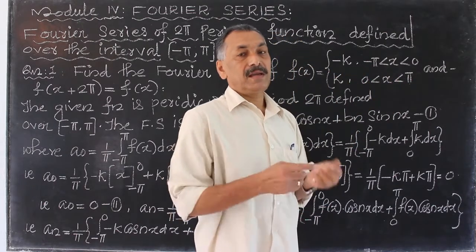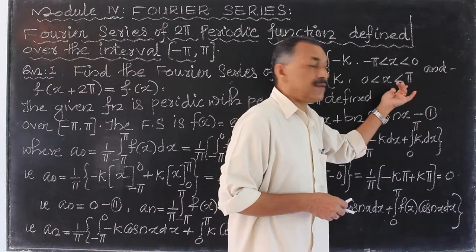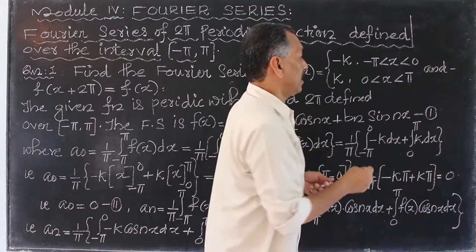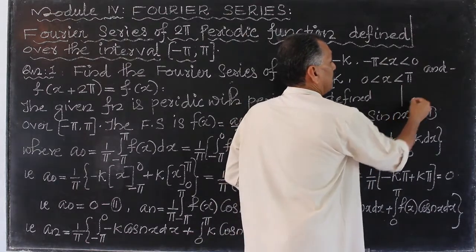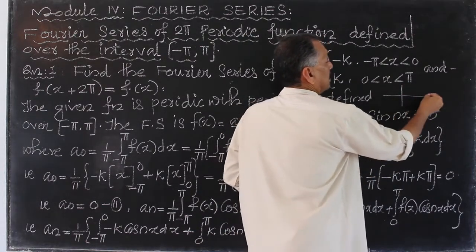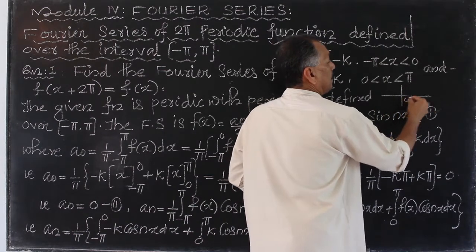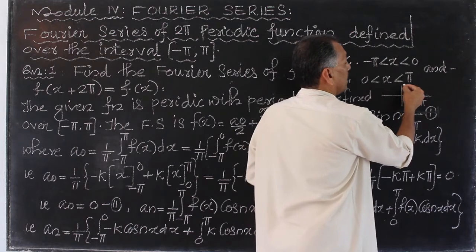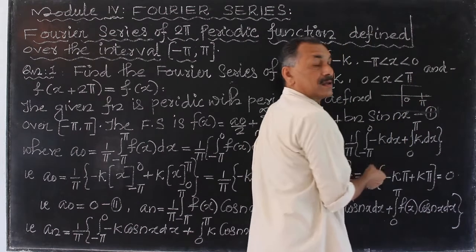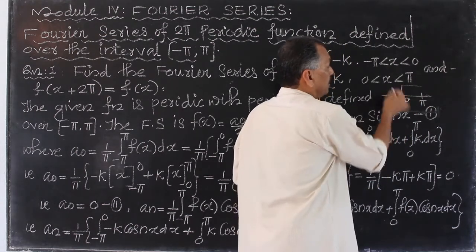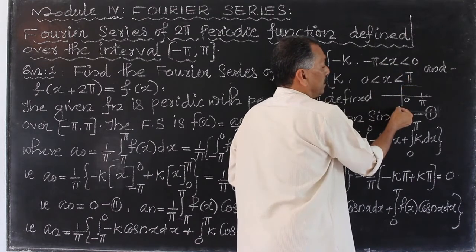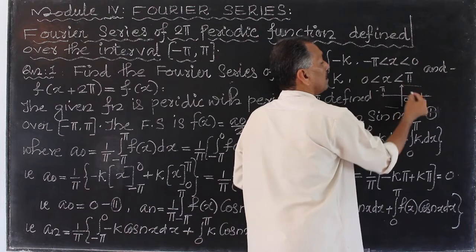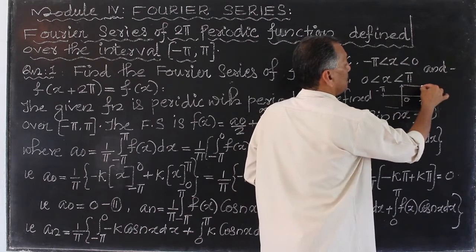Between 0 and pi the function value is 1, and between minus pi and 0 the function value is minus 1. Here x runs from minus pi to 0, and then from 0 to pi.